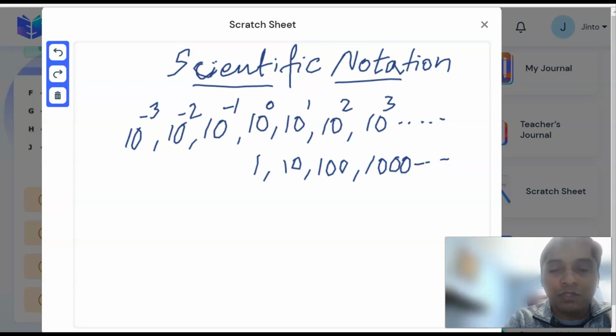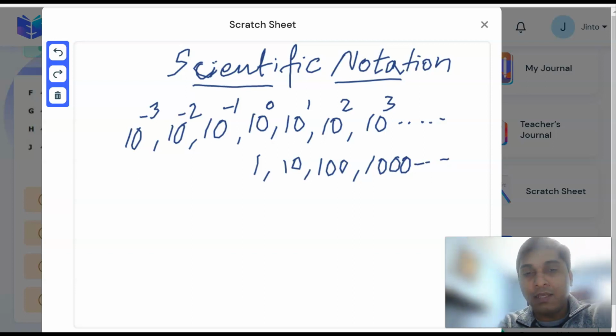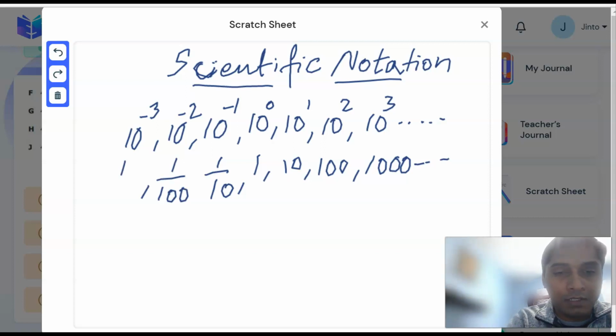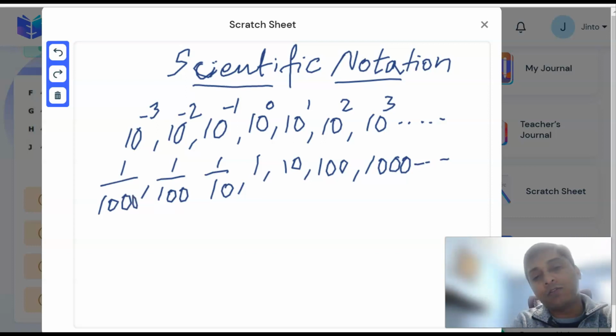But we can also think about the decimal numbers less than 1. So 10 to the power of -1 is 1 over 10, 10 to the power of -2 is 1 over 100, then 10 to the power of -3 is 1 over 1,000. So it goes on.